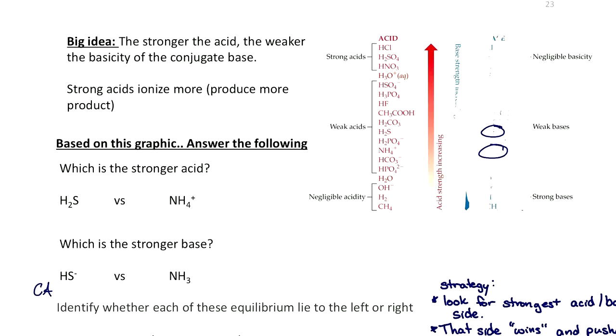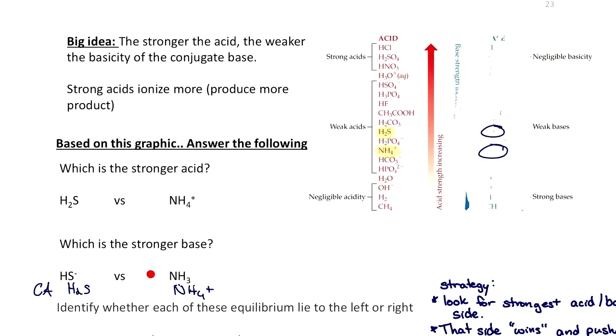So what is the conjugate acid of HS minus? H2S, and then what else? NH3 would be NH4 plus. Are we going to find these conjugate acids on the table now? Yes, we will. So let's locate where those are. H2S is right here, and then ammonium's right there.